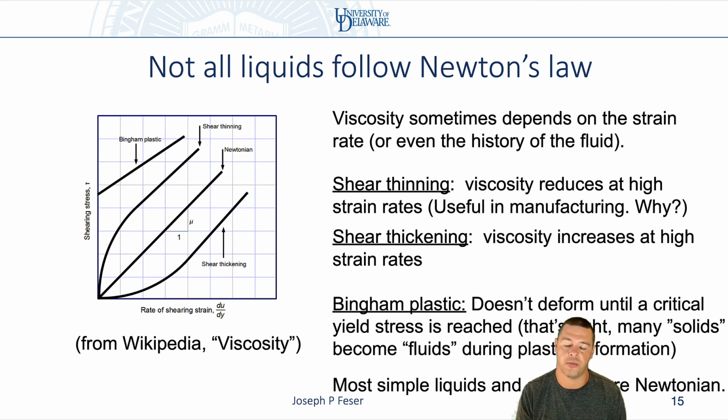So in that case, the solid becomes a fluid, stays a fluid until you've strained it past the point that it can take, and then it might actually fail. So at least from a certain point of view, a solid becomes a fluid after it yields.